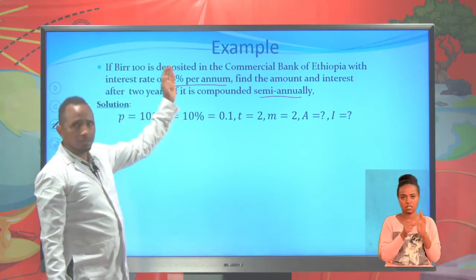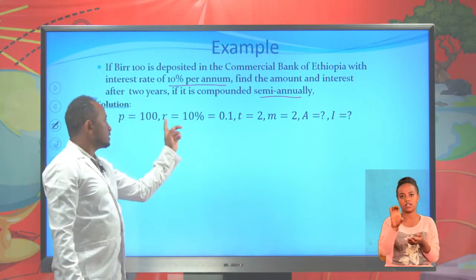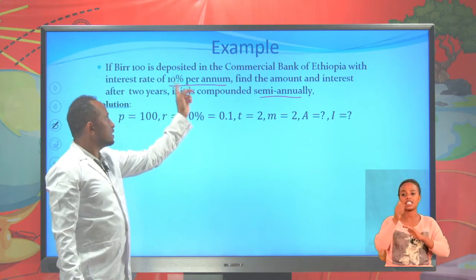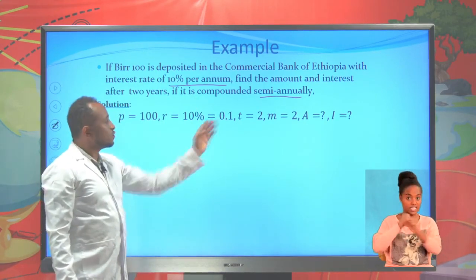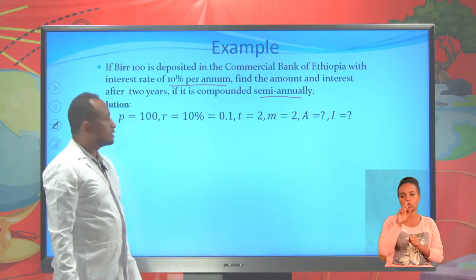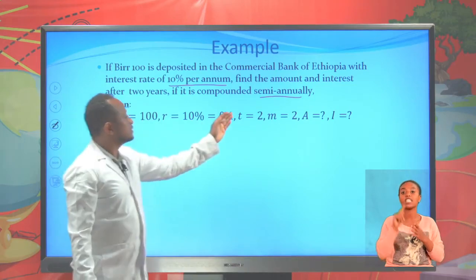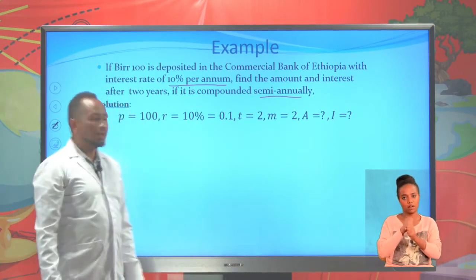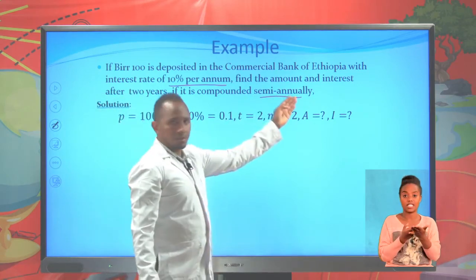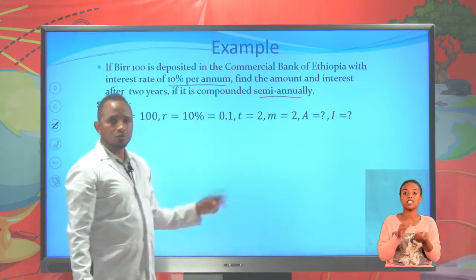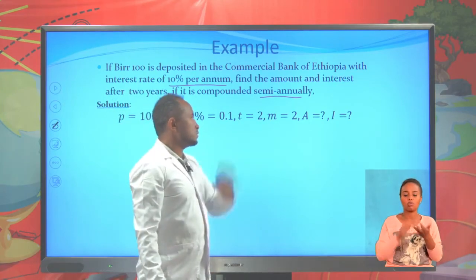The principal is given, it is 100, and the interest rate is given, it is 10% per year. 10% means it is 0.1, and T is also given, the money is deposited for 2 years, so T is 2 years, and it is compounded semi-annually, so semi-annual is twice in a year, so the conversion period M is 2.